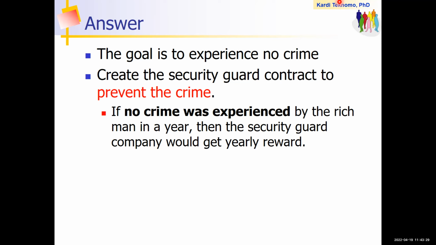That means if no crimes were experienced by that rich man within a certain time, for example one year, then they get a bonus, right? So by reversing the way of thinking, the process, and the contract, you can actually create a better experience. Is it clear or not?